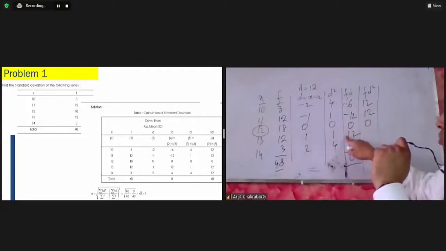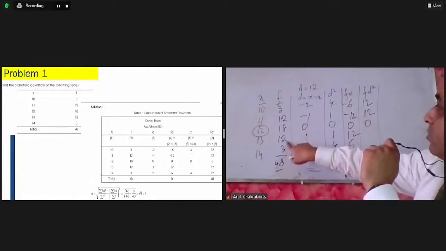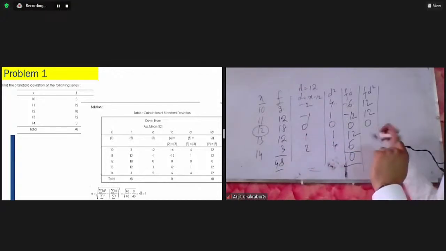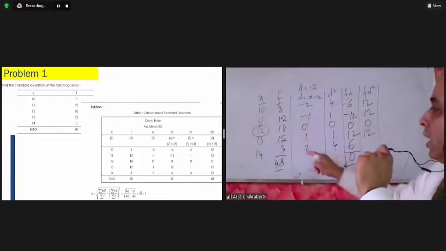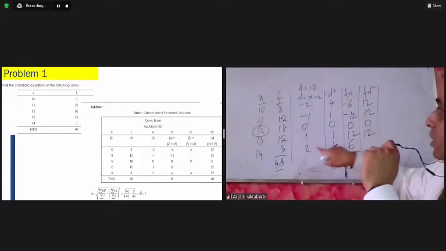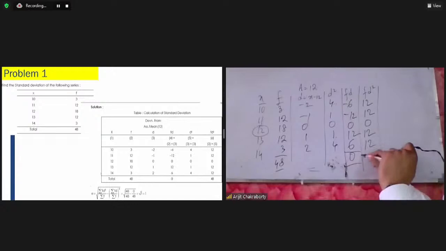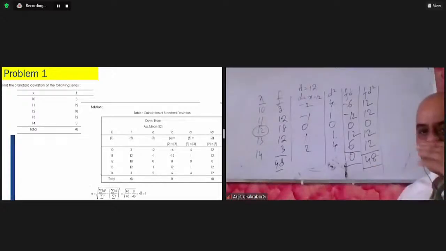Then F is 12 and D square is 1, so 12 again. And 3 into D square, which is 4, so we get 12. So we have 12, 12, 0, 12, 12, which is 48. So we have completed the working.